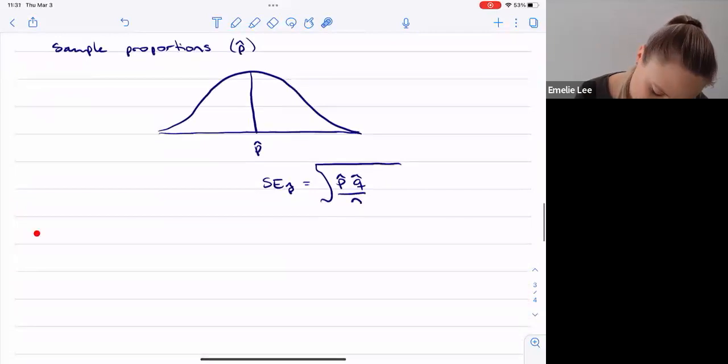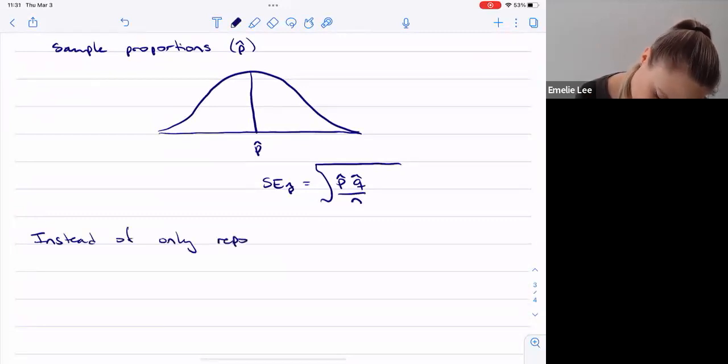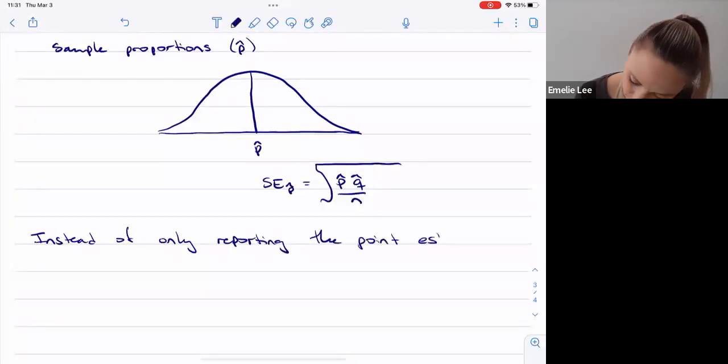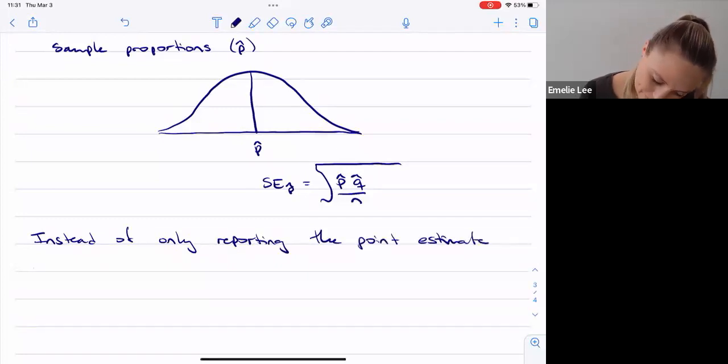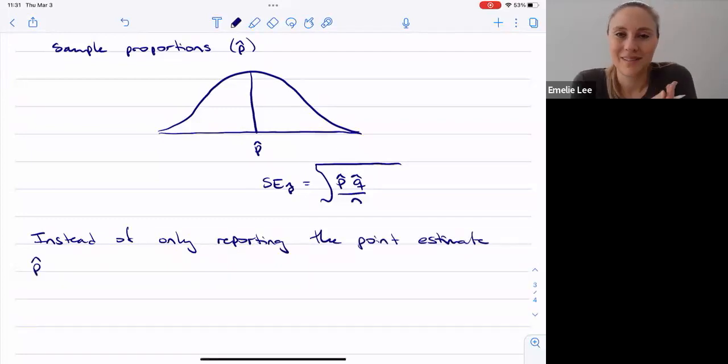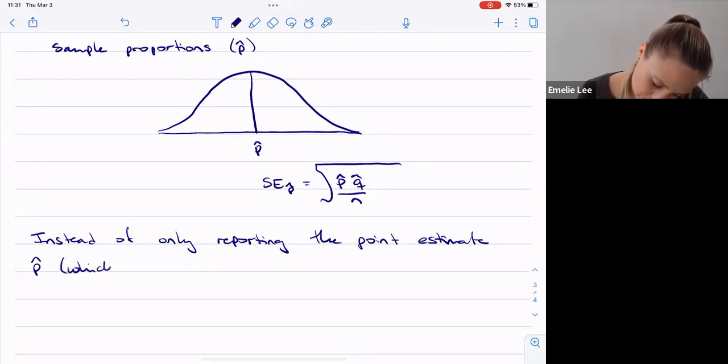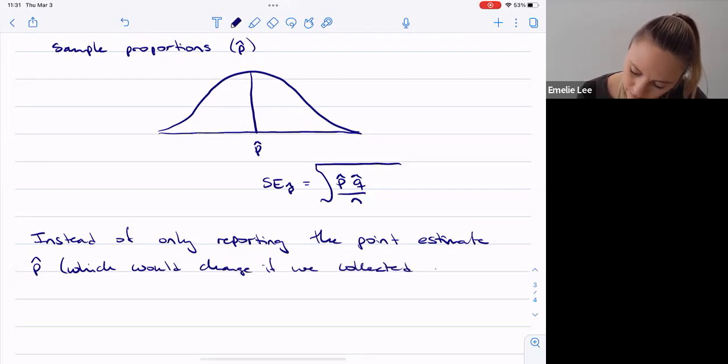So instead of only reporting the point estimate p hat, which would change if we collected a different random sample.